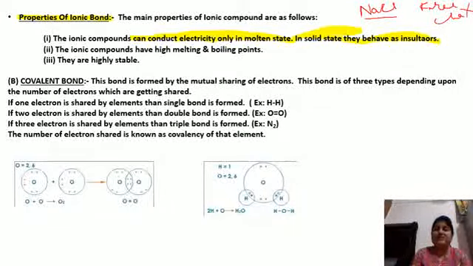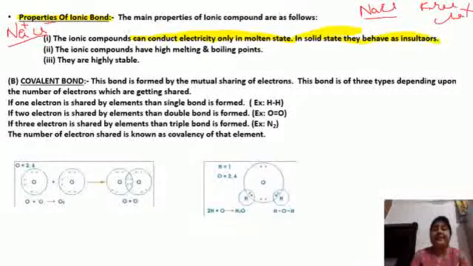But when it gets dissolved in water or any other solvent, for example, when we dissolve it into water, it immediately ionizes into its ions, Na positive and Cl negative. So here they carry charge. In molten state, it carries charge, but in solid state, it does not have any charge.